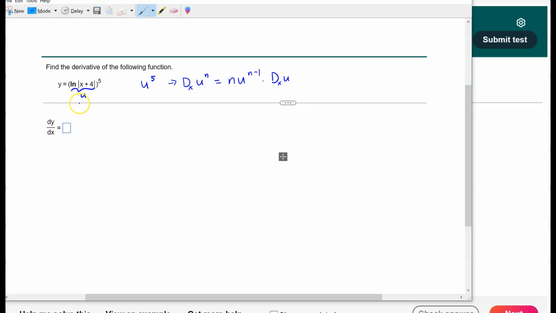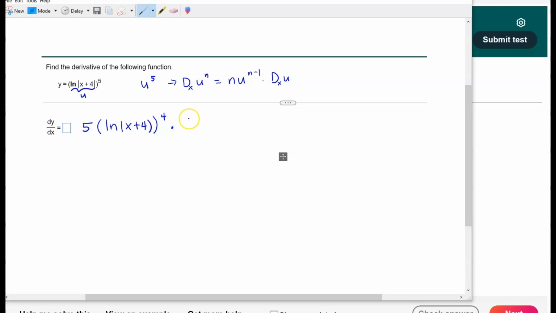So in other words, here you will have 5, so you copy 5 first, and then your u is ln, so you have ln of the absolute value of x plus 4 raised to, then you subtract 1 from the exponent, to the fourth, times, now you differentiate your u, so you differentiate ln.